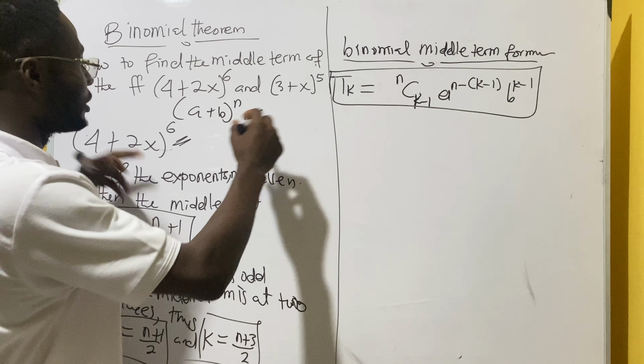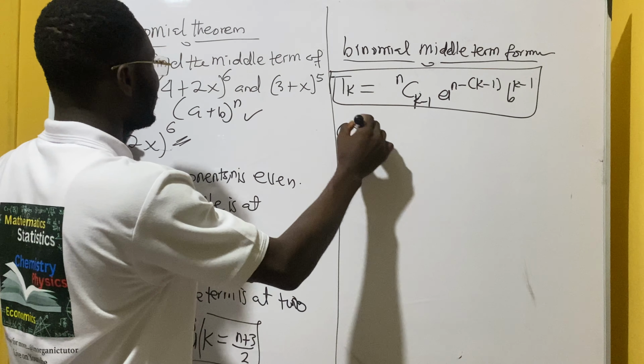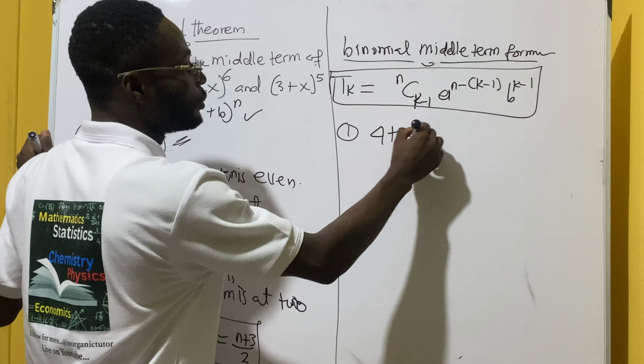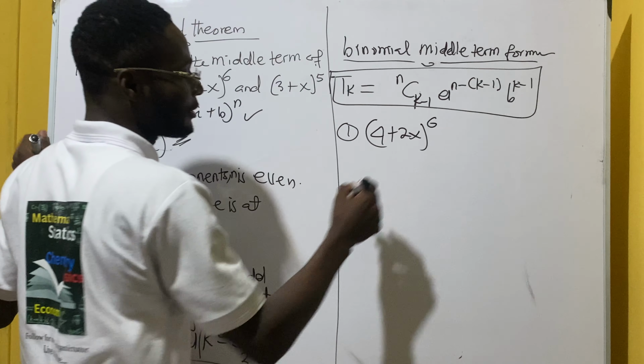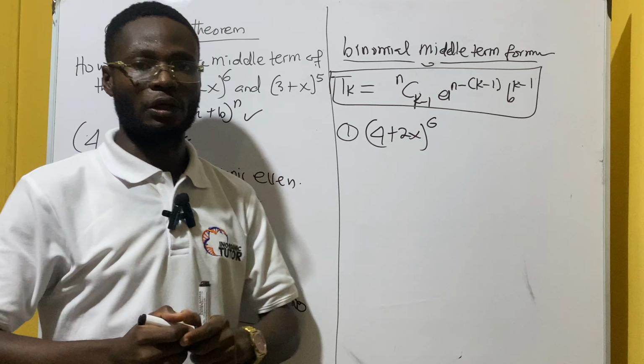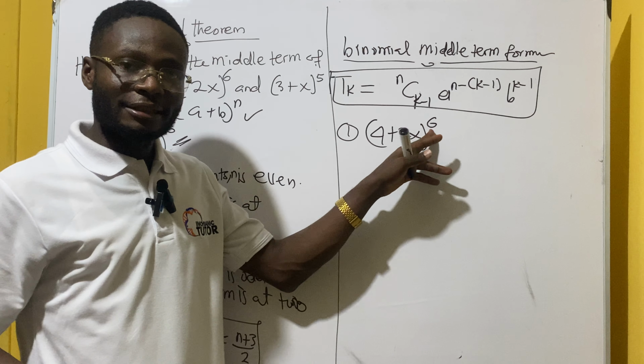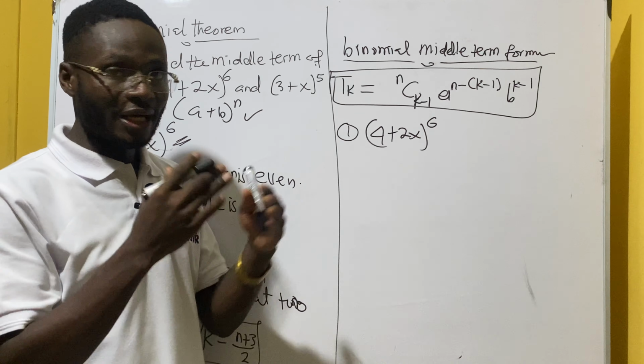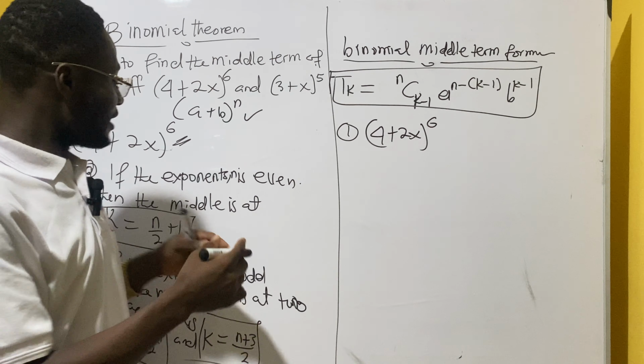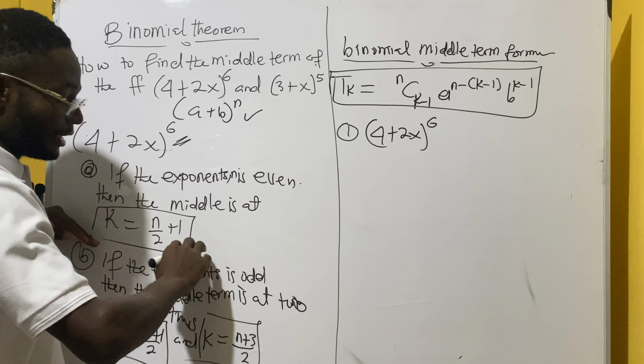Okay, so let's consider this problem. Problem 1, which is (4 + 2x) all exponent 6. Good. Over here, we know that the exponent is even. So once the exponent is even, we are going to use this formula.